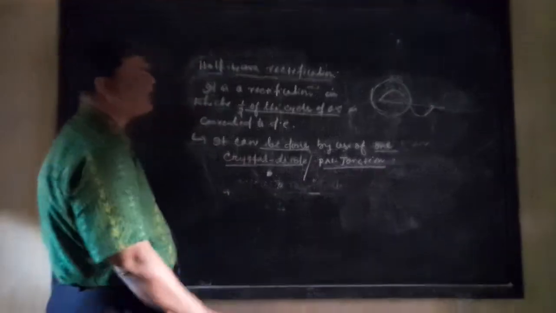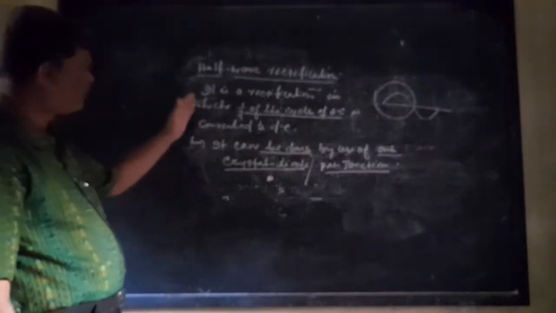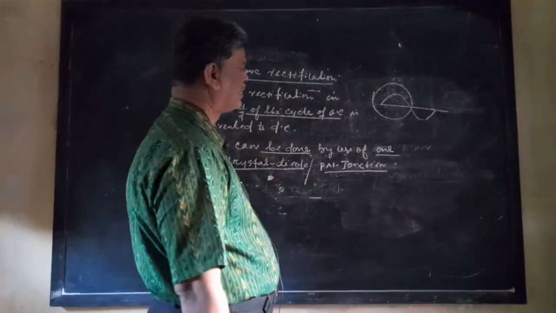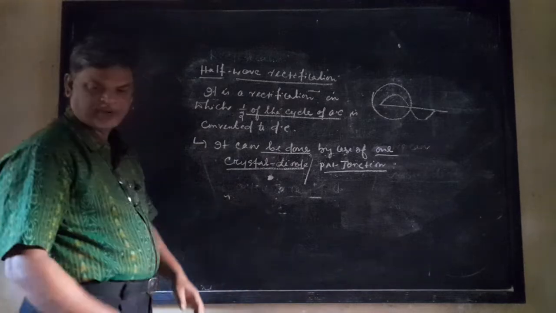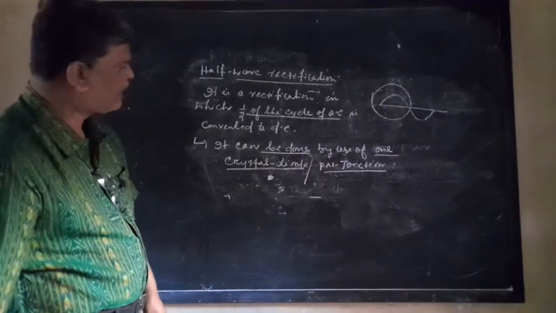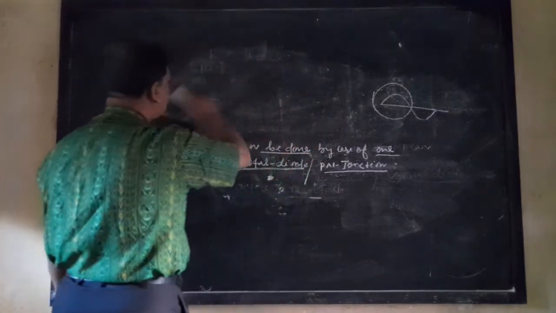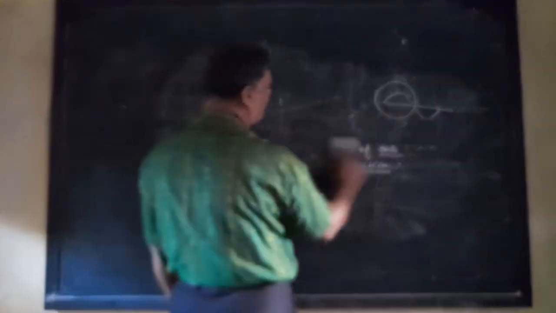With the help of one PN junction, we can convert the half of the cycle of AC to DC. So this is known as half-wave rectification. Next, how to convert only half of the AC to DC with the help of one PN junction.